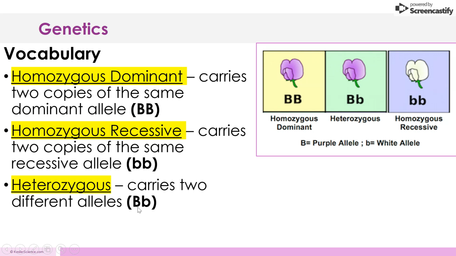And if you see in the example, I have one capital and one lowercase. The example over here, one capital, one lowercase, hetero meaning different. But because we have one dominant, one recessive, because we do have at least one dominant allele present, that flower is going to have the dominant phenotype, the dominant color, and it is going to be purple.